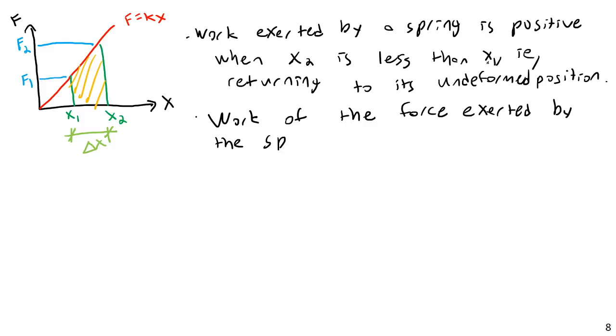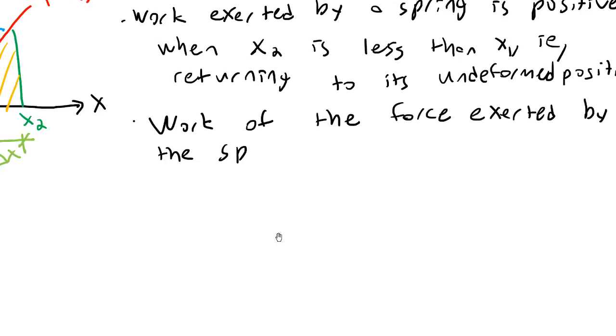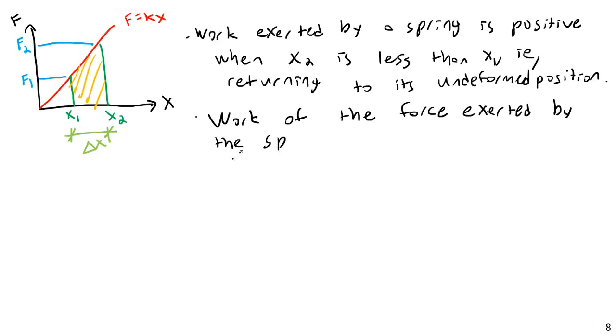In other words, it's getting closer to the spring. As we release a spring, it's going to go accelerating towards its undeformed position. So the x2 there would be less than x1. It would be closer at the end than the beginning. But how do we resolve that with what we've already seen? Well, we can.